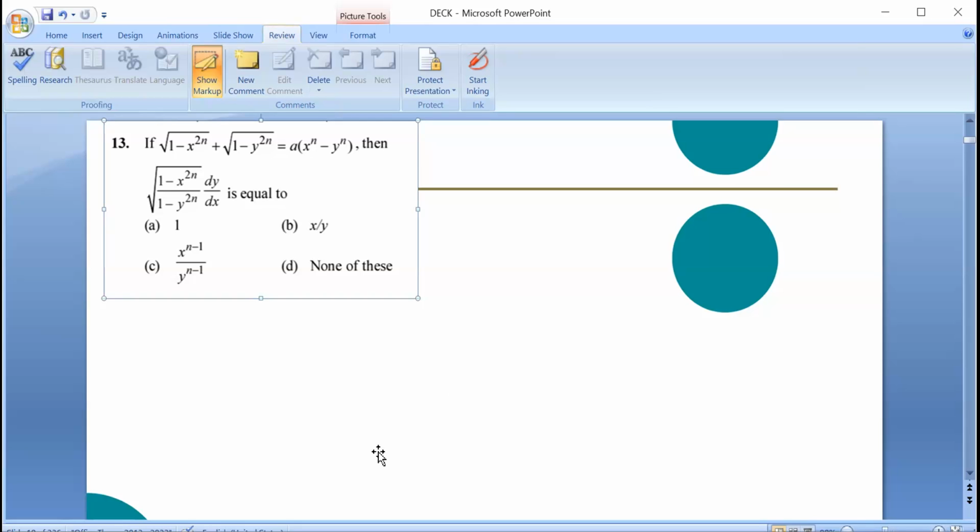If square root of 1 minus x power 2n plus square root of 1 minus y power 2n is equal to a into (x power n minus y power n), then square root of 1 minus x power 2n by square root of 1 minus y power 2n dy by dx is equal to.